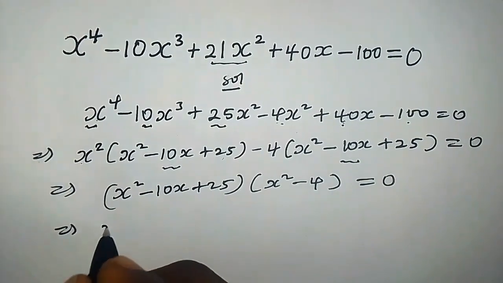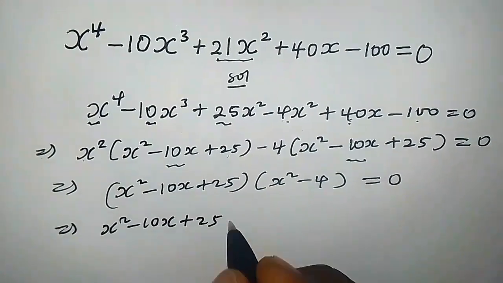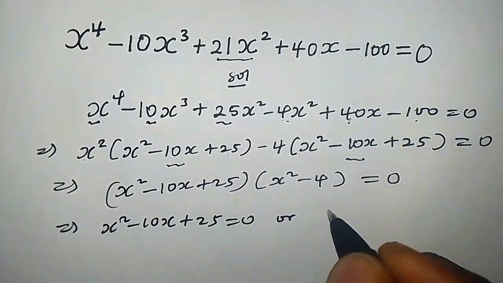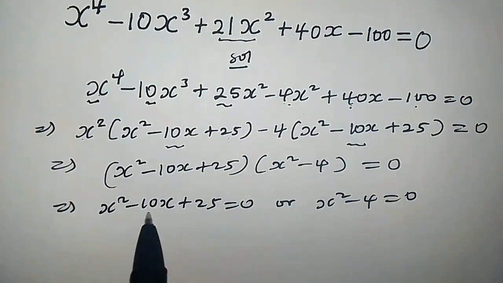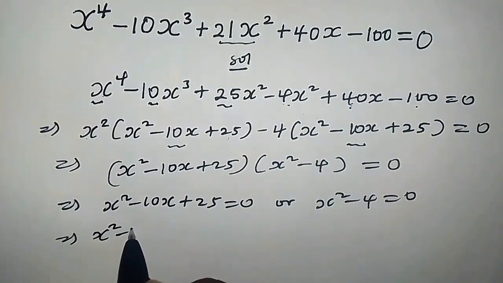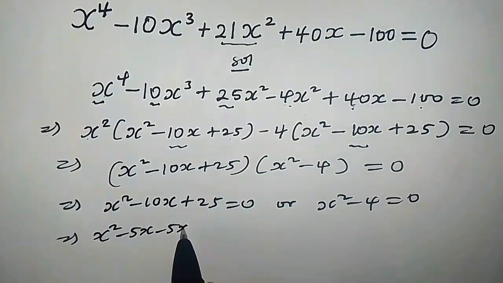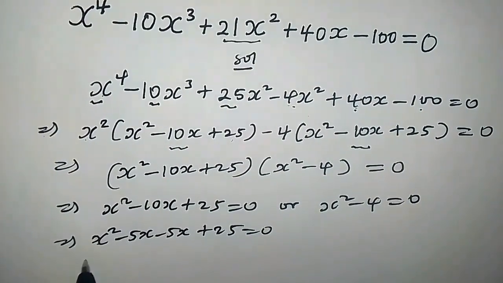So this also implies that x squared minus 10x plus 25 is equal to 0, or x squared minus 4 is equal to 0. We can factorize the first one. So when we do that, we're going to have x squared minus 5x minus 5x plus 25 equals 0. So x is common here, we can pull it out.